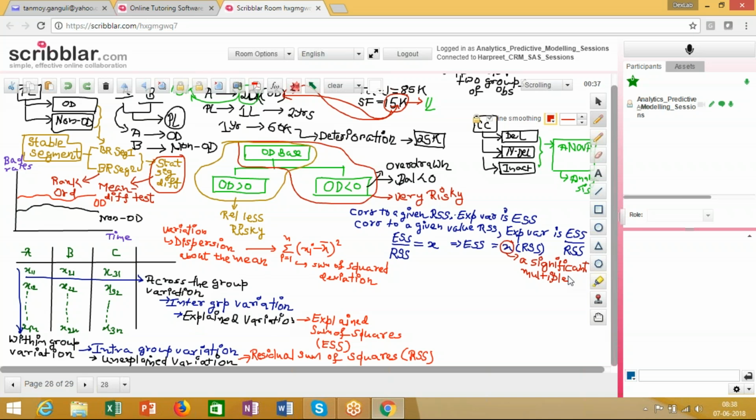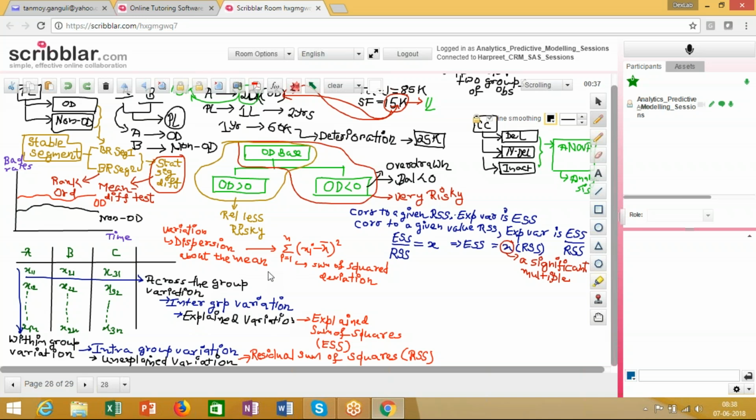Now the question that comes out over here is, there are three questions. How do we compute ESS? How do we compute RSS? And how do we test whether it is a significant multiple or not? So over here you can see that we are comparing two variations. Therefore, this is a case where we are using a set of variance tests to assess a mean difference test.